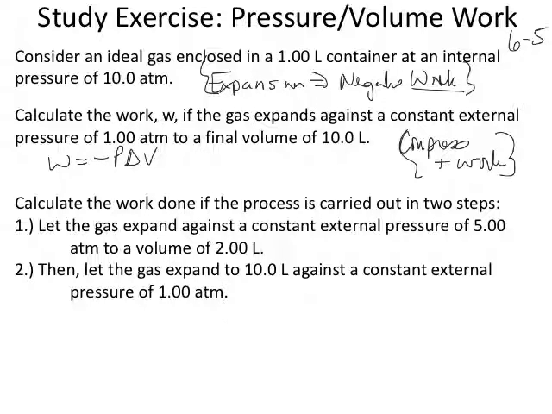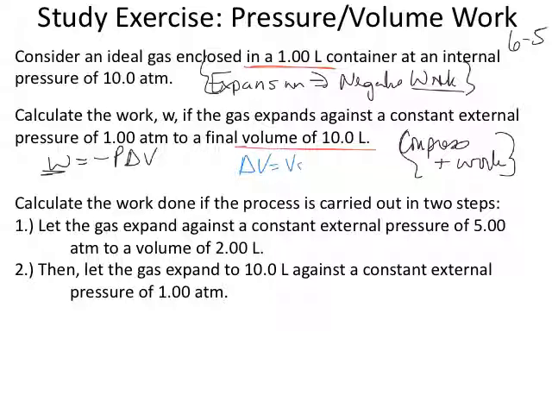And this problem is showing you that the little w, work, is dependent on the path. So you can't just do the state function where you take the final minus initial. The way this problem is trying to show you that is first you want to calculate the work if your gas is expanding from an initial volume of 1 to a final volume of 10. So what's your delta V?